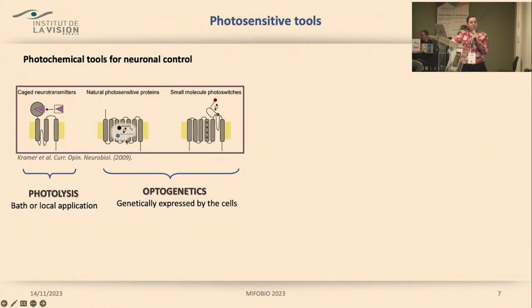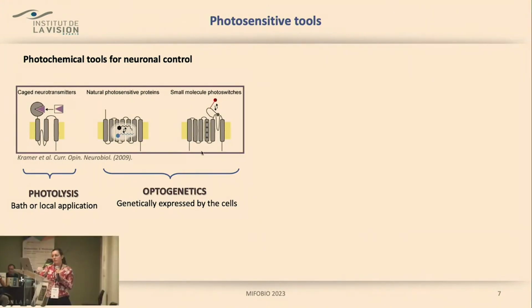Then there are the natural photosensitive proteins and the small molecule photoswitches, which are basically engineered, synthetic molecules that can activate neurons after light illumination. And the advantage of the proteins is that they can also be genetically expressed by the cells, by a viral injection in your preparation.